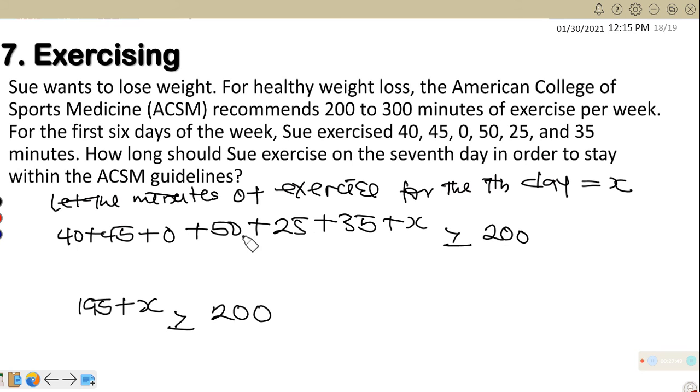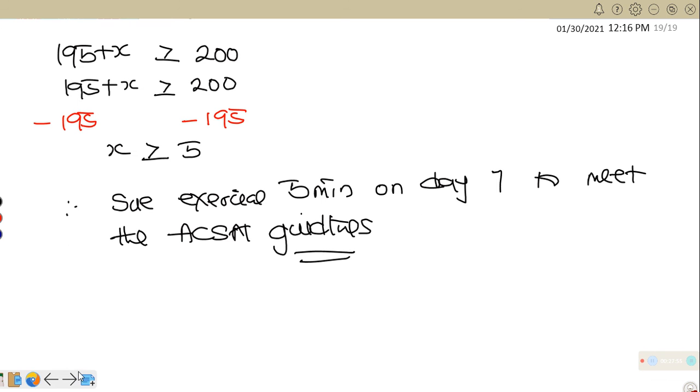So we add everything together and then find X. That is 195 + X greater than or equal to 200, and subtracting 195 from both sides leaves us with X greater than or equal to 5. So the number of minutes that Sue must exercise on the 7th day in order to meet the ACSM guidelines is 5 minutes. And that answers the question, guys, and this is how to apply inequality to problem solving.